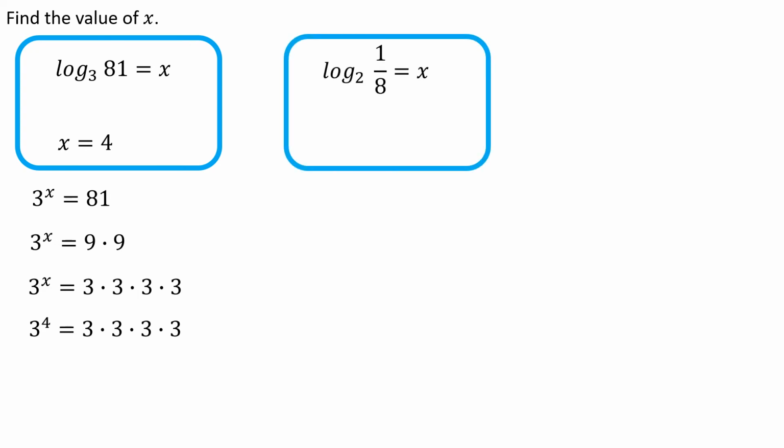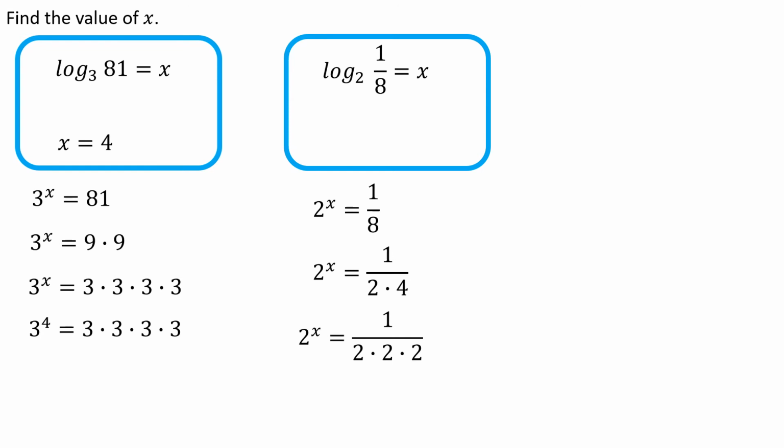Log base 2 of 1/8 equals x. Okay, let's see, the base is 2, the exponent is x, and I'm supposed to get 1/8. Well, how does this happen? Well, I know 8 is 2 times 4. Oh, and 4 is 2 times 2.